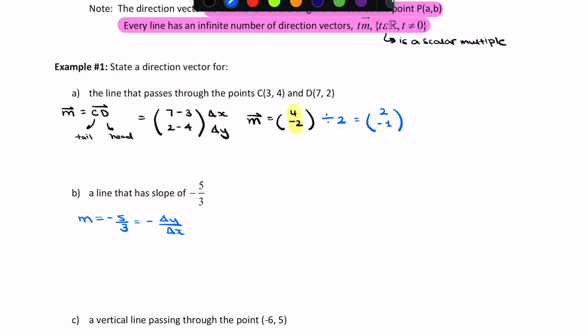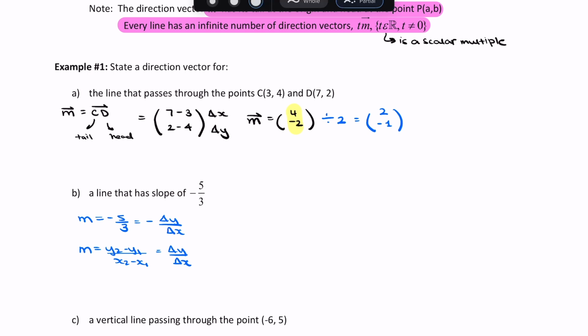We can also represent this as y2 minus y1 over x2 minus x1, which is also equal to delta y over delta x.